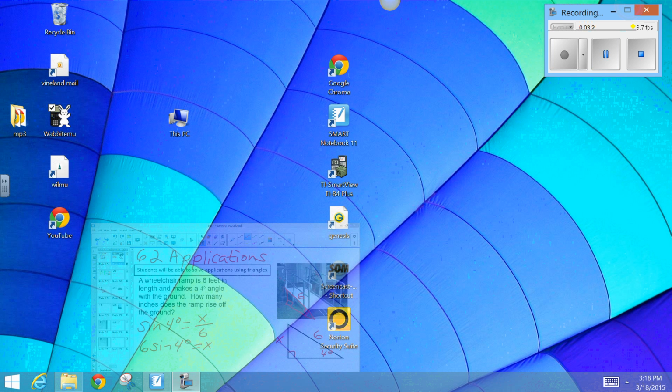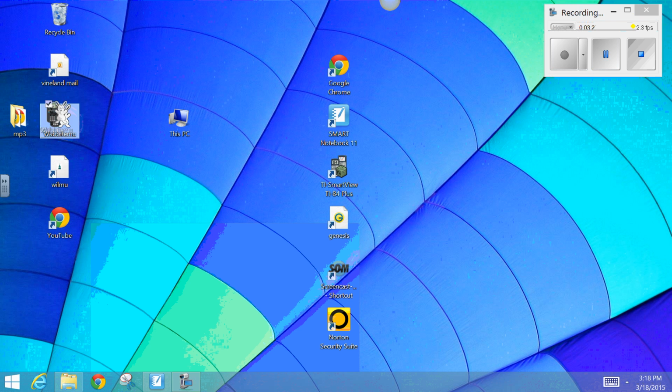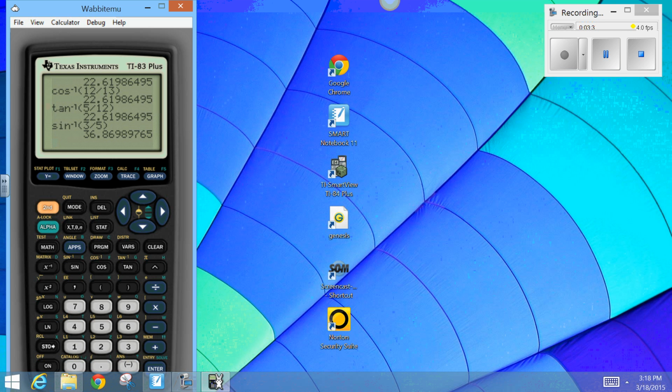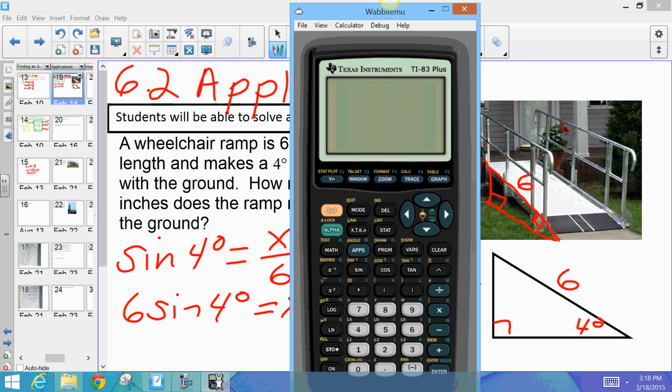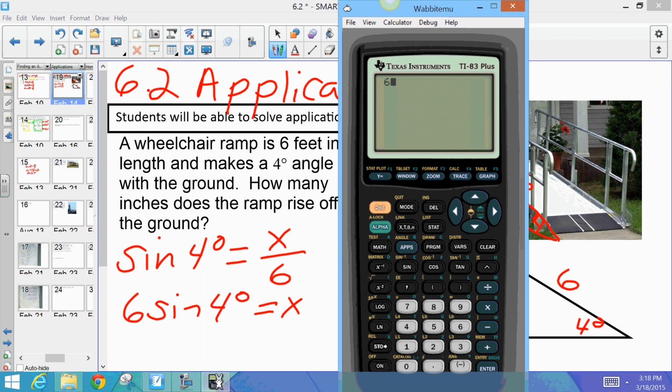Hold on. Okay, so I've got 6 times the sine of 4. So that's 0.41, let me go, 0.42.